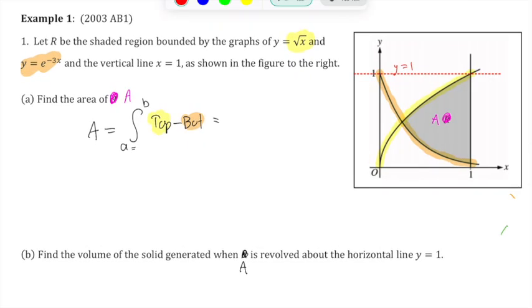Your boundaries are defined by two functions, and you want to find that area A. In my original paper, I wrote it R, but it's better to write A because we're going to be using R as a radius. And so if I want to find the area between two curves, I just take my topmost equation, which is square root of x, and then subtract from it the bottommost equation, which we represented with e to the negative 3x.